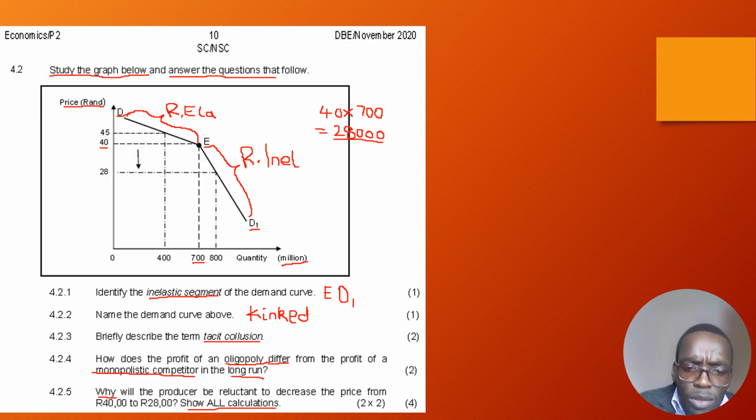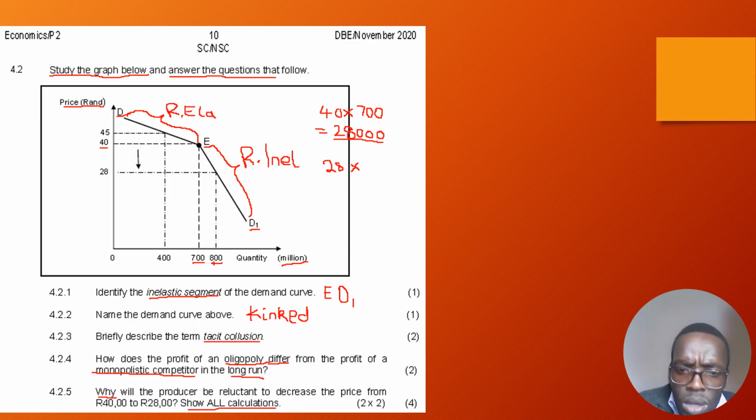And then if they reduce the price to 28, how many units are they going to sell? They will end up selling 800 units.